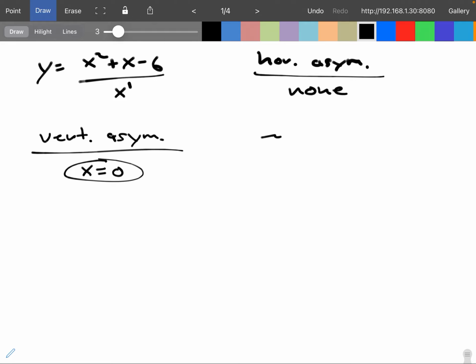The other thing they asked us to find was the zeros. And the zeros, remember, are the same thing as the x-intercepts. So what do we set equal to 0, the top or the bottom?